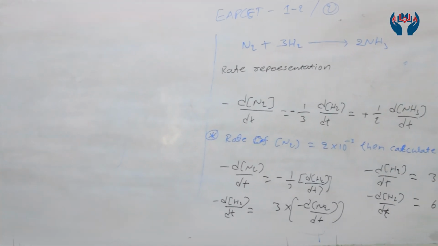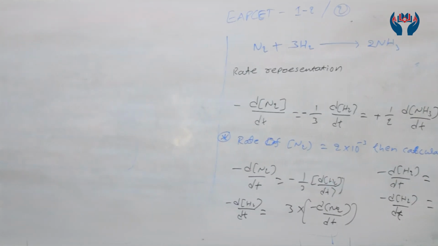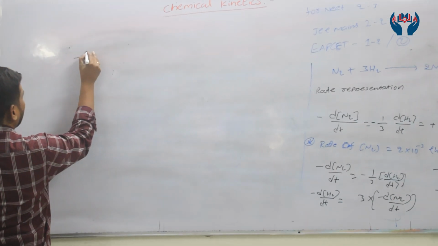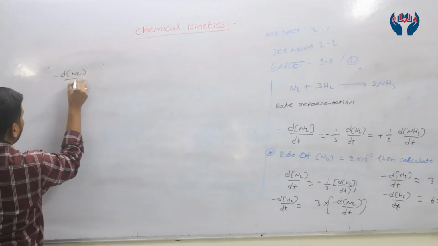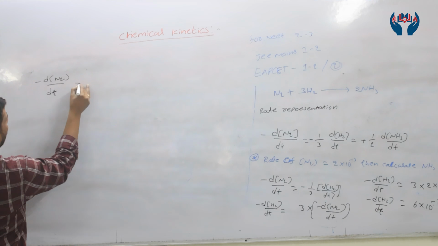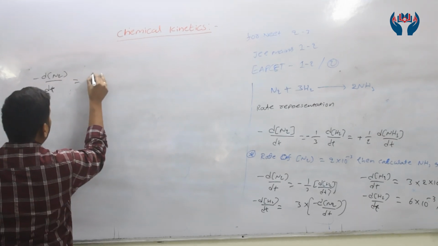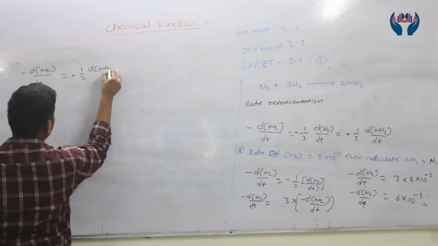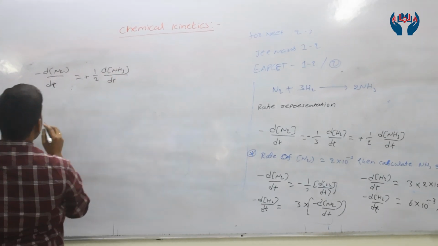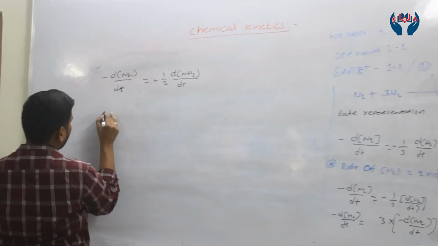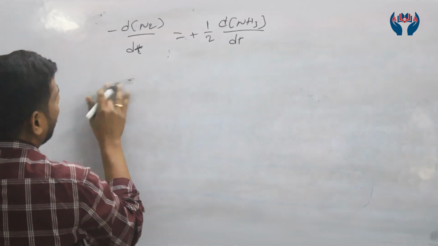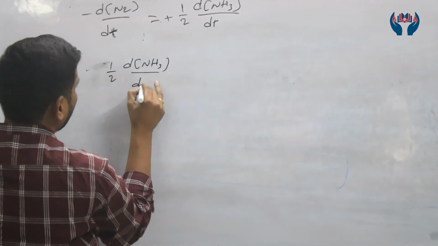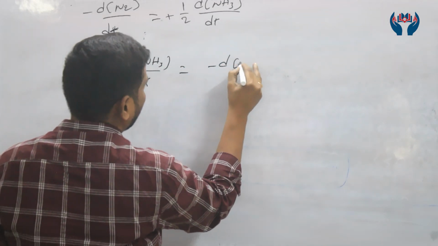Then calculate ammonia. What is the relationship of N2 and ammonia? Minus d of N2 by dt equals 1 by 2, a positive term, into d of NH3 by dt. Since we want the ammonia concentration, 1 by 2 into d of NH3 by dt equals minus d of N2 by dt.